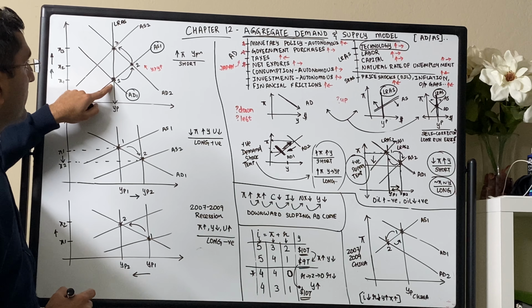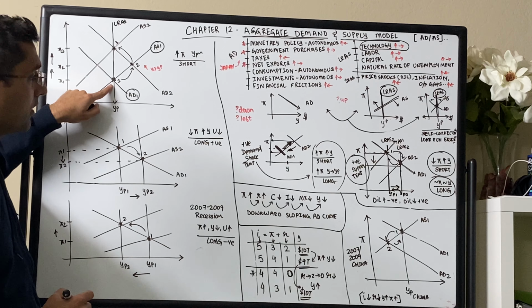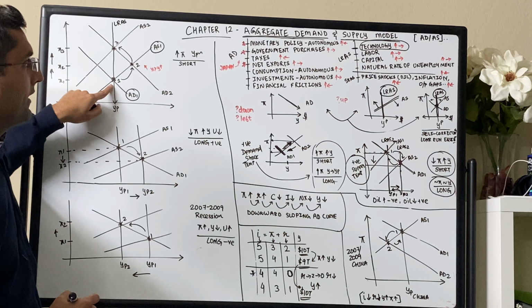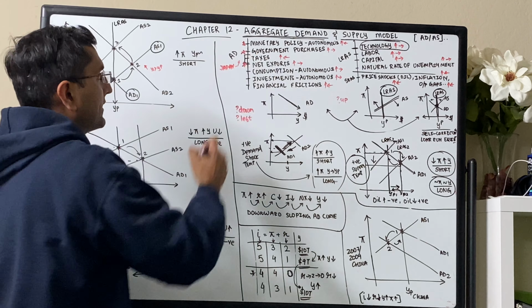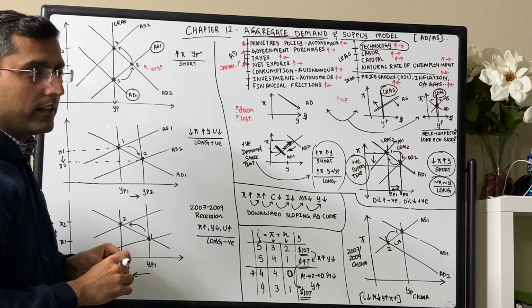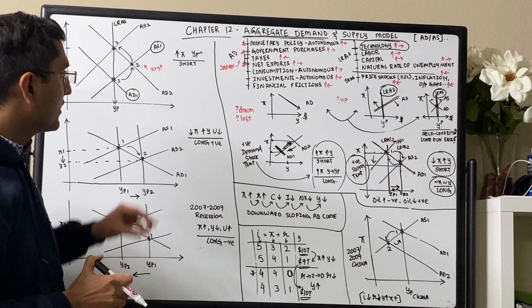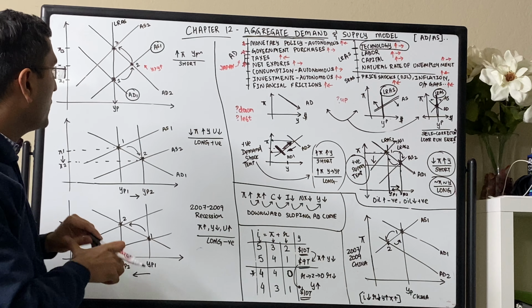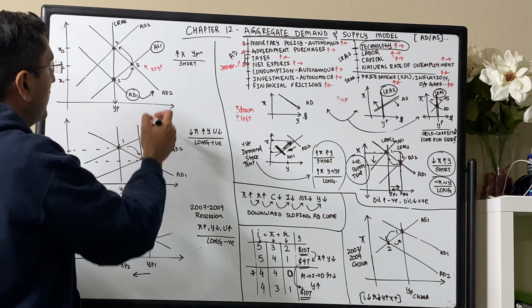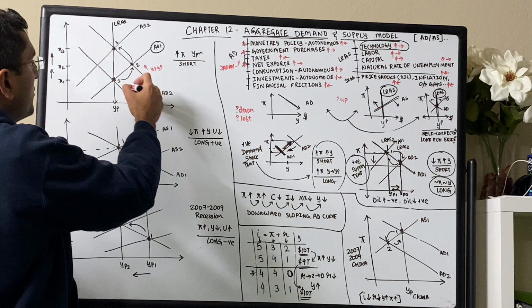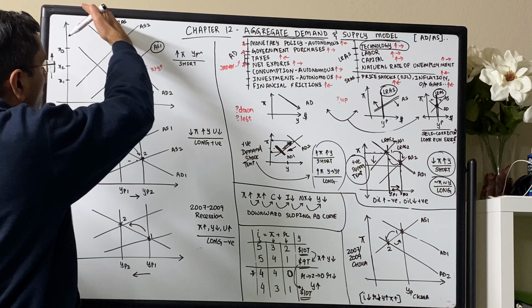But then let's say we have a positive demand shock, right? Let's say the government said, hey, we are going to reduce our taxes. That's what the Trump government did for the corporations. They reduced taxes. So then what happened? It was a positive demand shock, right? So then the equilibrium moved from AD1 to AD2.